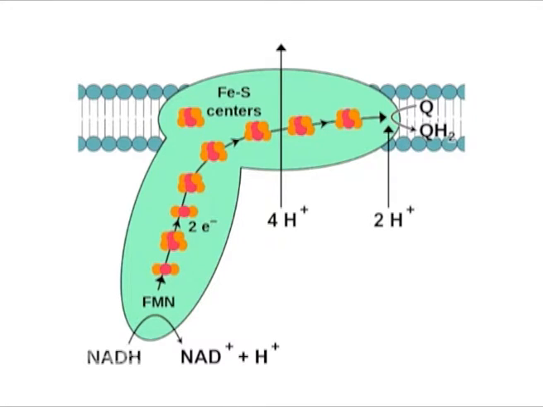Complex 1 is composed of flavin mononucleotide, FMN, and an enzyme containing iron sulfur cluster, FeS. FMN, which is derived from vitamin B2, also called riboflavin, is one of the several prosthetic groups or cofactors in the electron transport chain.